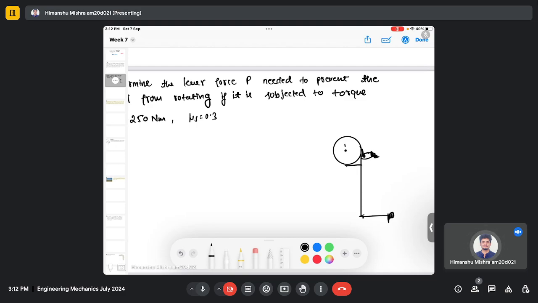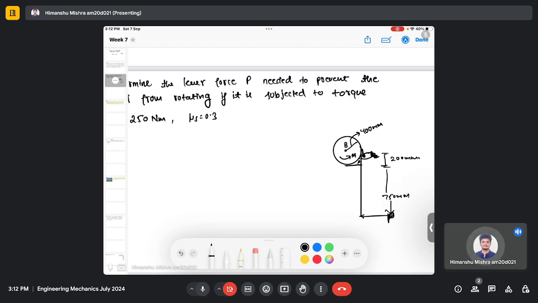Let's say this is the center, and here we have a moment M which is acting. The radius of the wheel is 400 millimeter, this distance is 200 millimeter, and this is 750 millimeter, and this is point A. Okay, so this is the system.